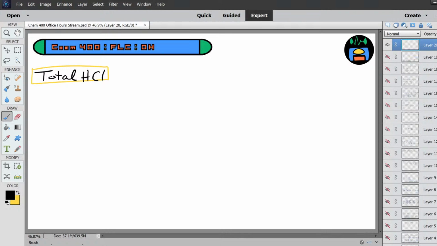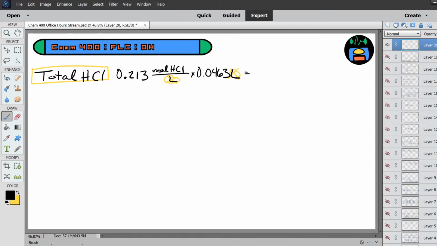Okay, so let's find our total moles of HCl. We have 0.213, and now molarity is moles of solute over liters of solution, and we need to multiply this by our volume. Now they give us our volume in milliliters. To do this calculation, however, we need to convert it to liters. That way everything cancels. So that is our volume in liters. Cancel here, cancel here.